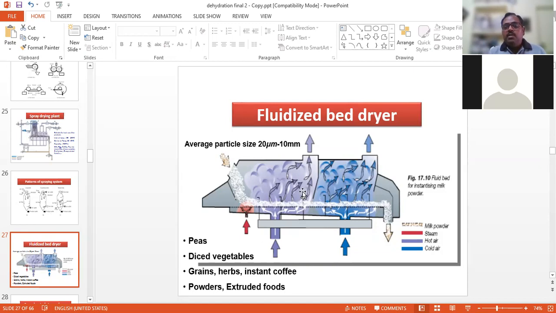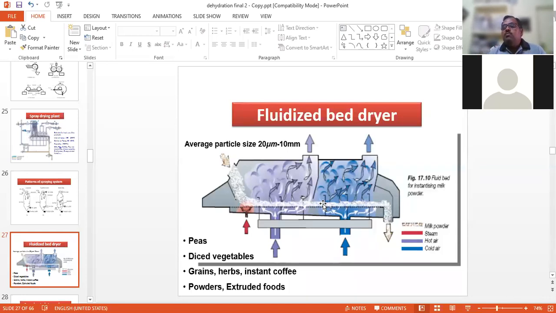In the fluidized bed dryer, we can see the average particle size is 20 micrometer to 10 millimeter. Here the grain is coming from this direction. First of all, we partially boil the rice, not full boil, just partial boiling, then that rice is sent through this, and then hot air comes from this side.